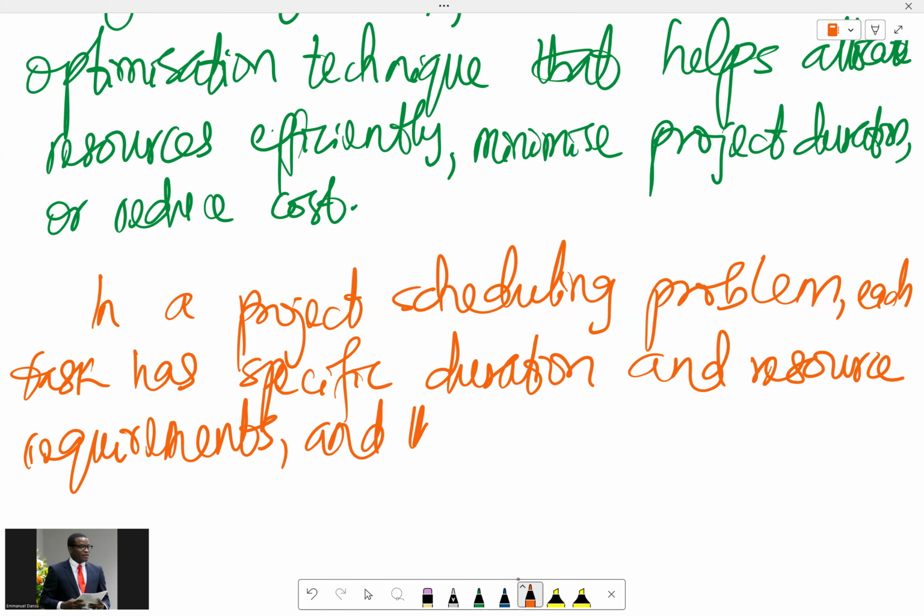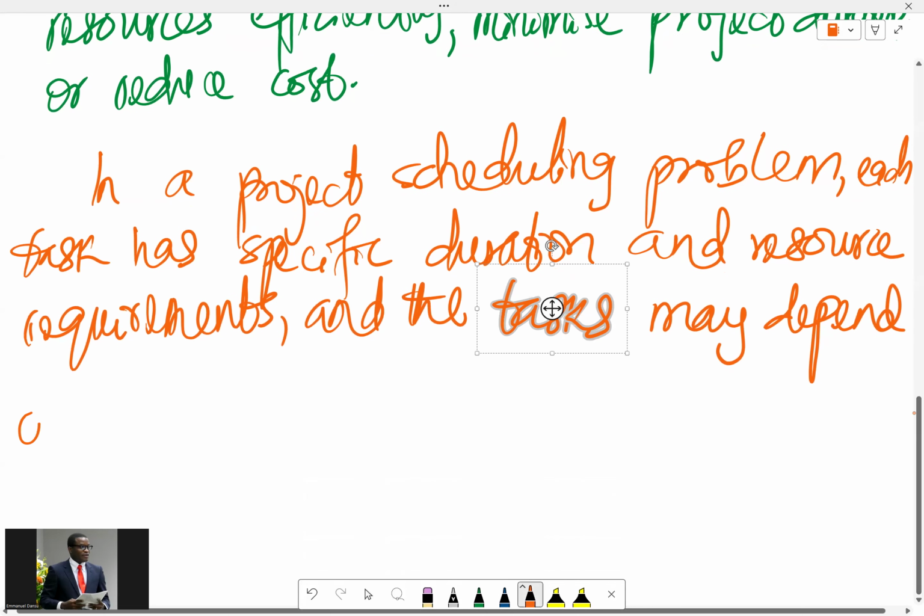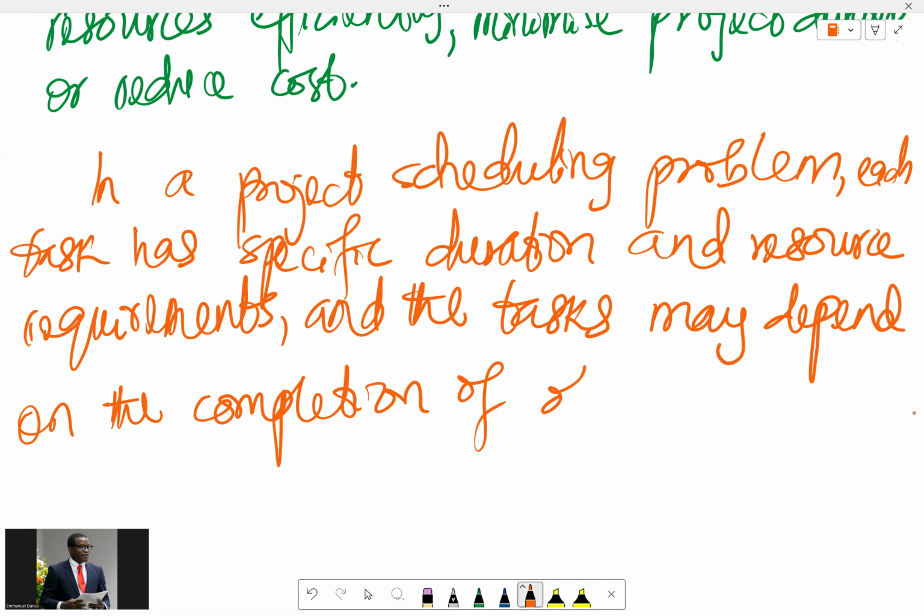And the tasks may depend on the completion of other tasks.